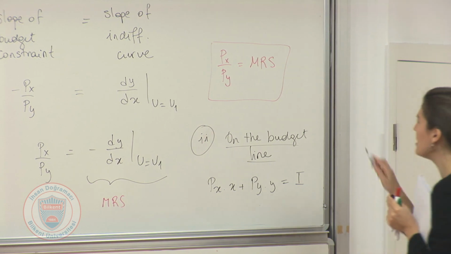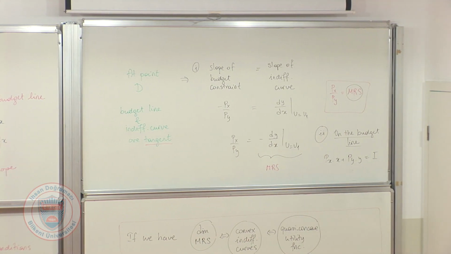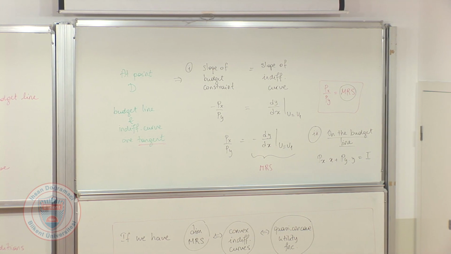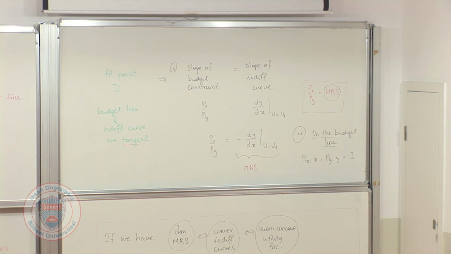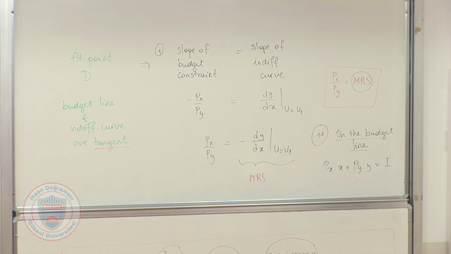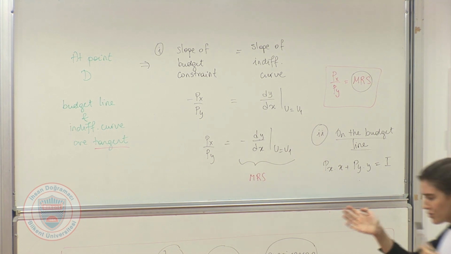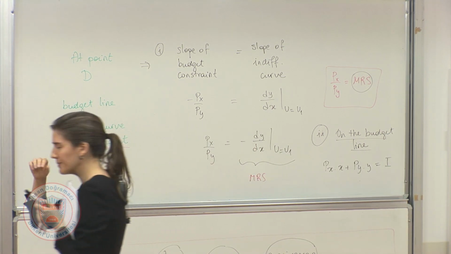Remember, what was the marginal rate of substitution? It was the slope. Remember, it had many definitions. But how did we define it in the very beginning? In order to have one more x, how much y you're willing to give up. So basically, the rate at which you're willing to trade x for y, or y for x.